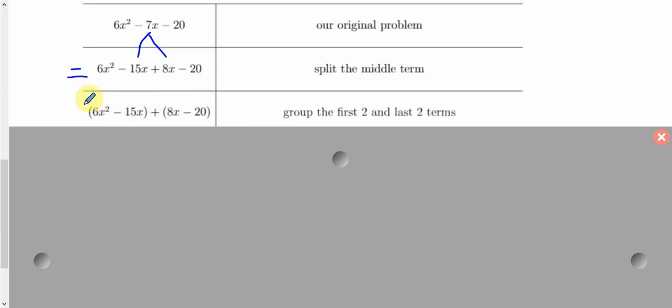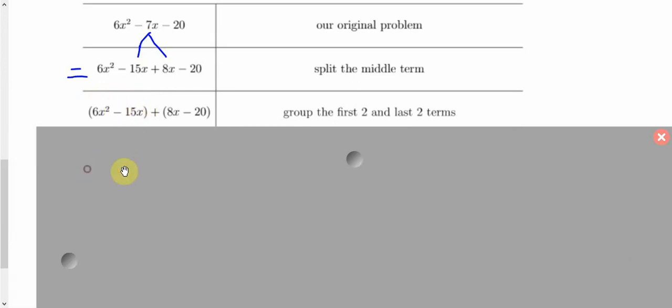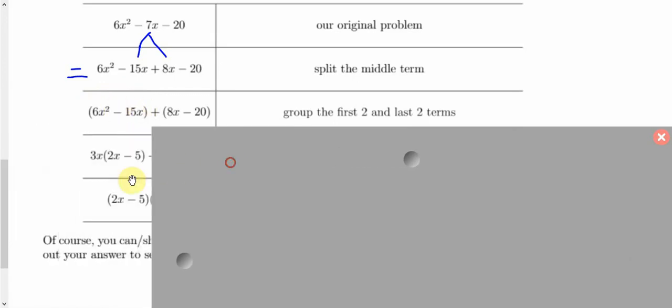I'm taking one of these x's, so 2x minus, 3 times what is 15? 5, so I'll be left with a 5 here. So I'll pull a 3x out, and I'll be left with 2x minus 5.